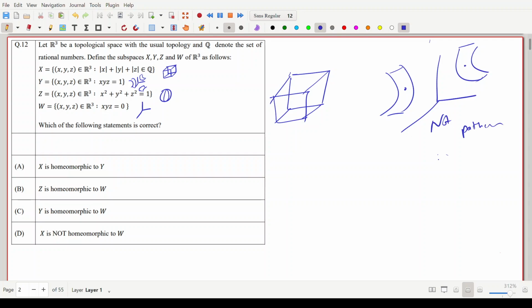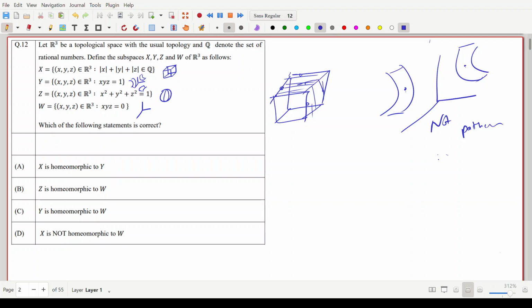Whereas if I take any two points here, I can always find a path. I'll be going here, like that, because everything is here in this case, whereas if you take one point there, I won't be able to get in.